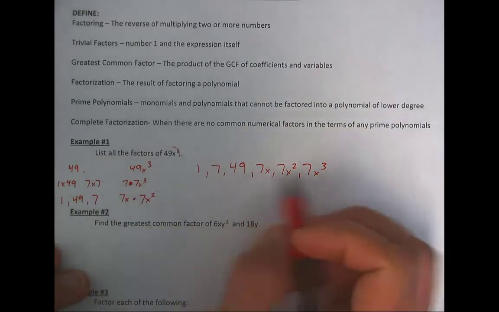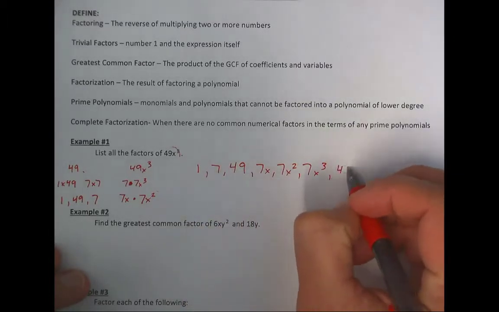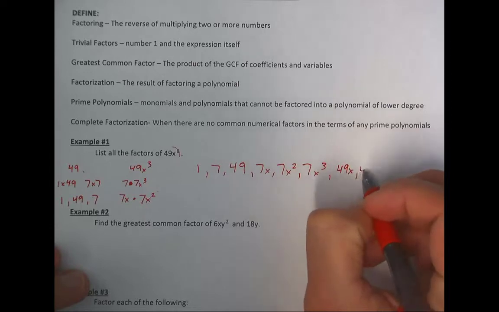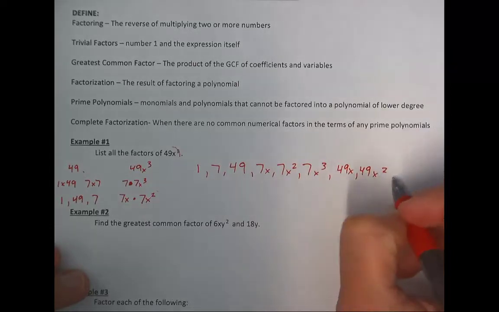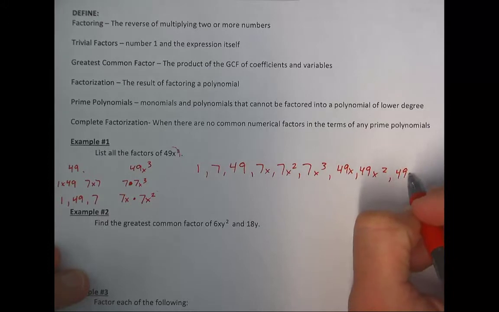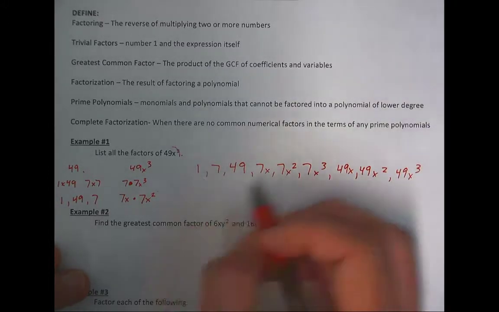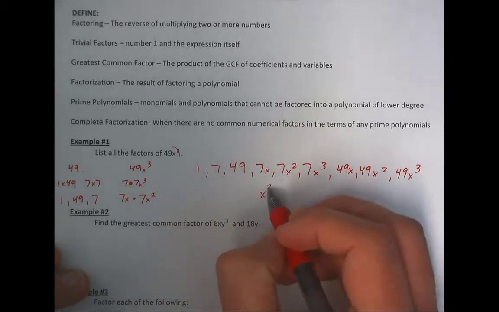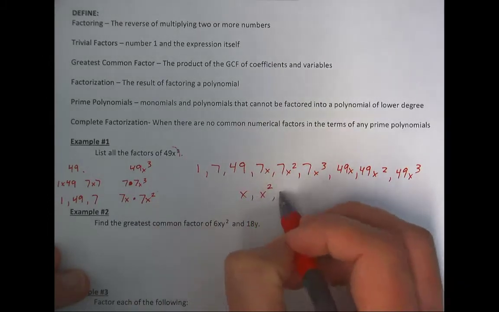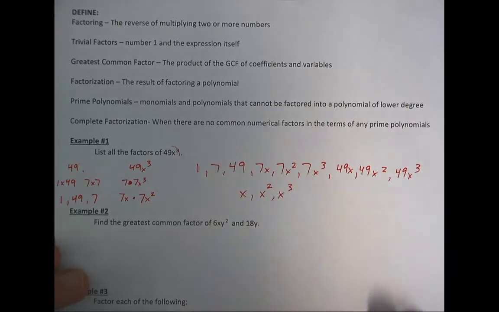And basically what's going to happen is these are all going to be the same for each one of these numbers. So you're going to have the 49x, 49x squared, and 49x to the third. And you're also going to have, with the 1 in front, x, x squared, and x to the third.